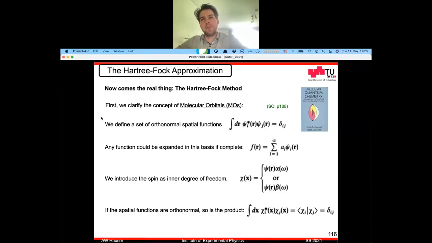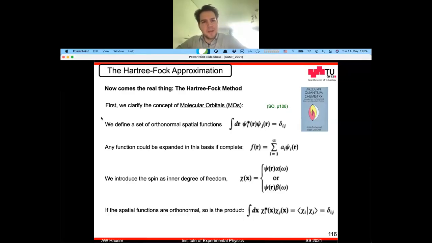So it is the spatial part of the one-electron wave function that we think of as the orbital. And in order to get to the spin orbital, we would have to multiply this spatial part with the spin function, either spin up or spin down.